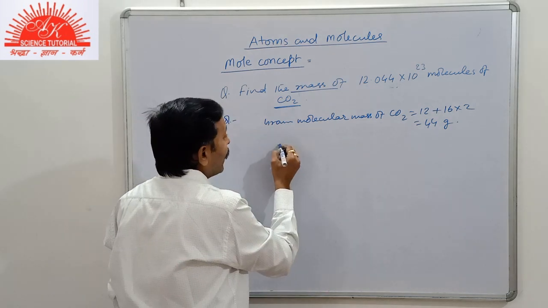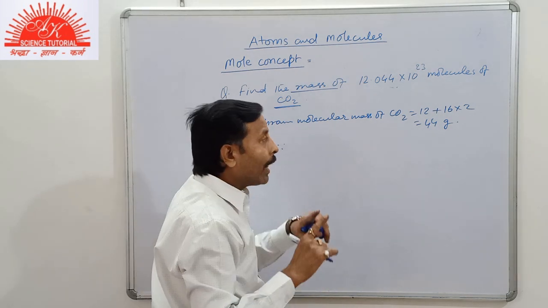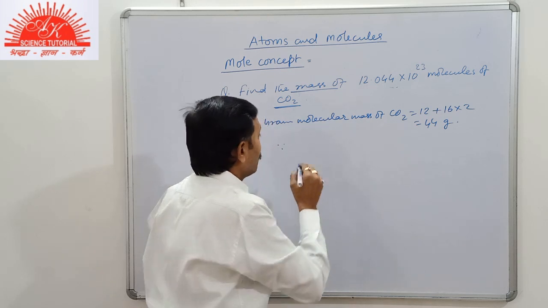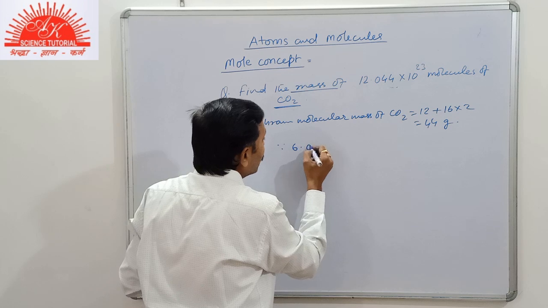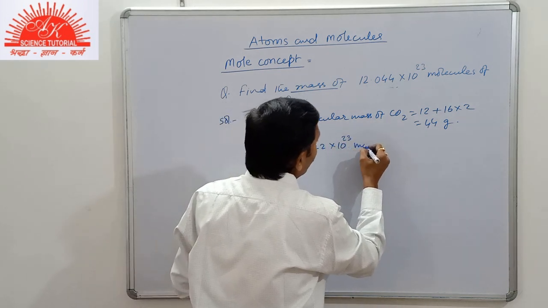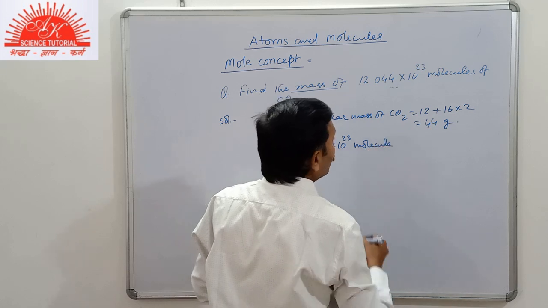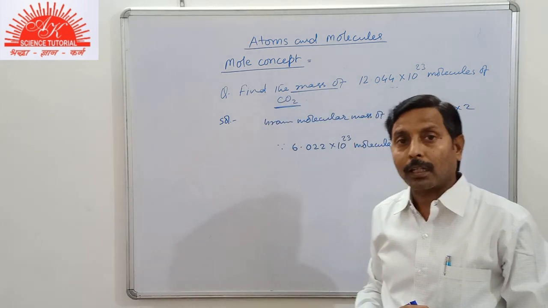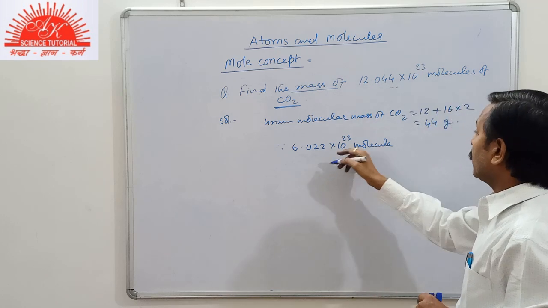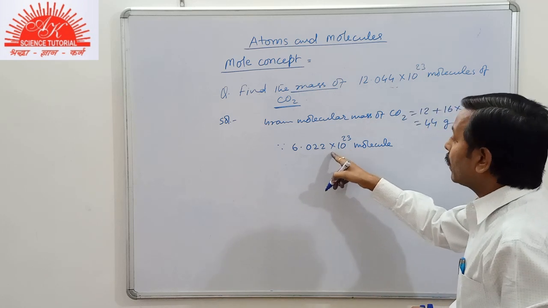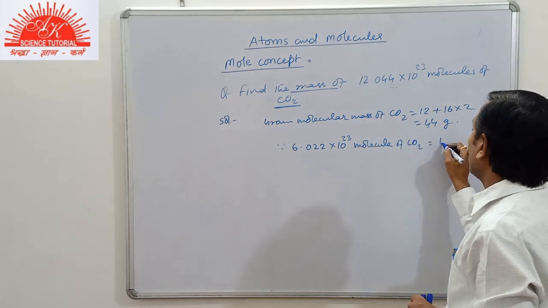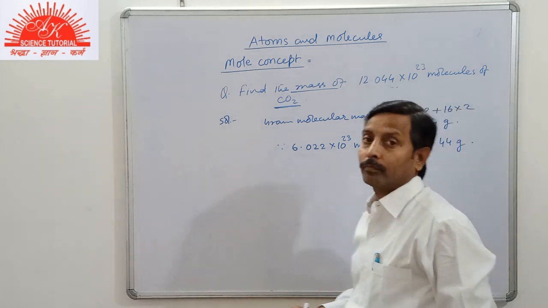So we know that 1 mole, which means Avogadro number, is equal to the gram molecular mass, that is 6.022 into 10 to the power 23 molecules. Since it is a compound, we use the term molecule, not atom. If it were atomic mass, we would use atom. So 6.022 into 10 to the power 23 molecules of CO2 is equal to 44 gram.